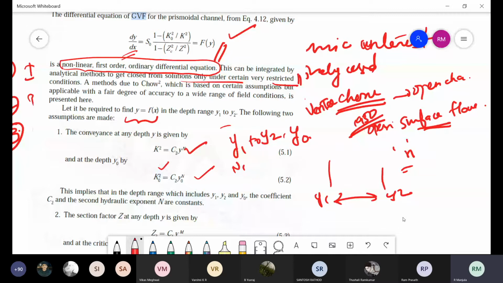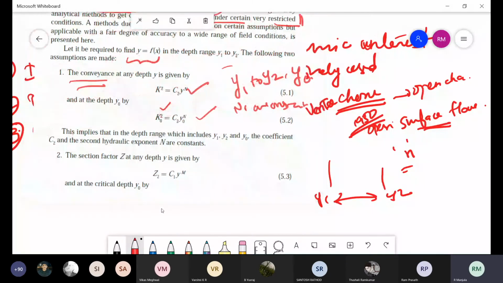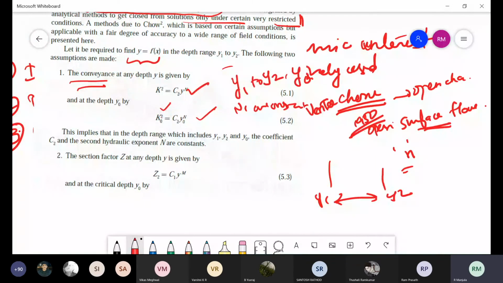Hydraulic exponent n are constants. These are going to be constants. And the section factor, this is conveyance factor. The section factor z is equal to, at any depth, z squared is equal to c1 into y raised to m.